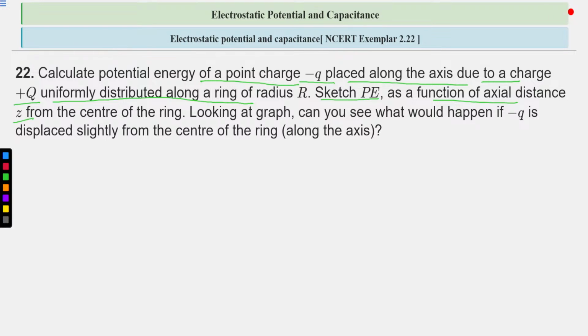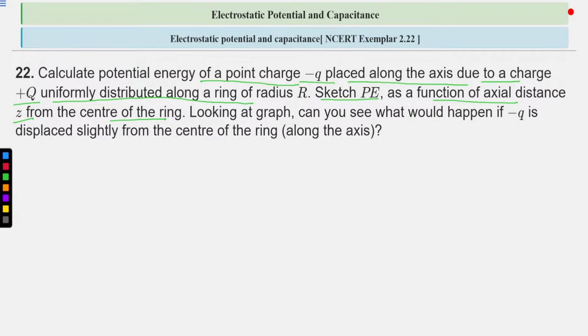So we have to draw a graph which shows the relation of potential energy with the axial distance Z from the center of the ring. This Z is the distance of the point where the minus Q charge is placed from the center of the ring, along the axis of the ring.